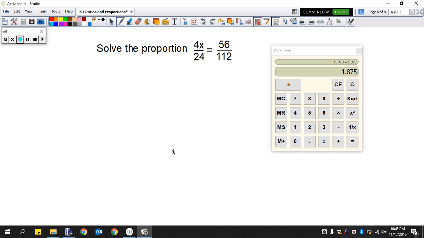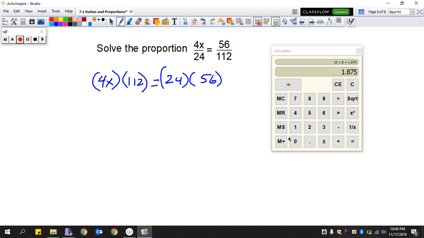Solve the proportion 4x over 24 is equal to 56 over 112. So we end up with 4x times 112 is equal to 24 times 56.